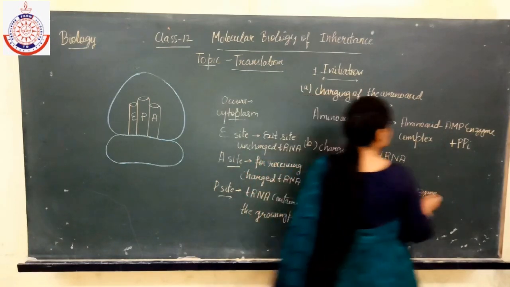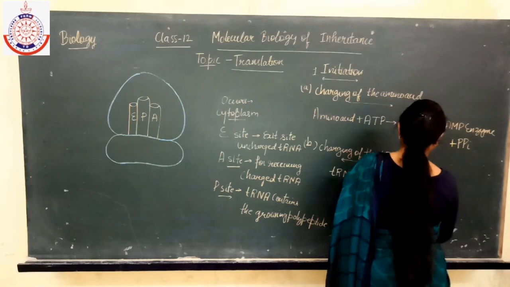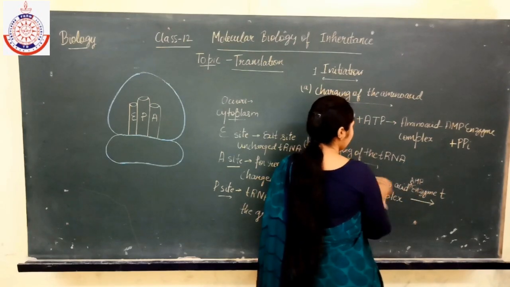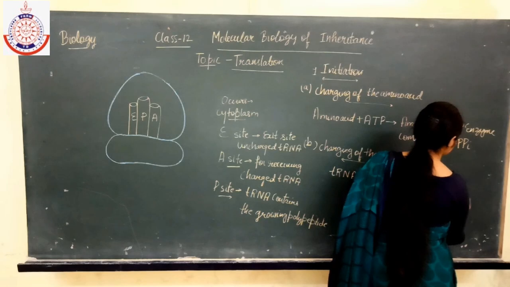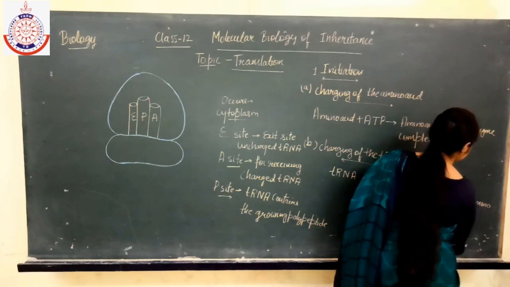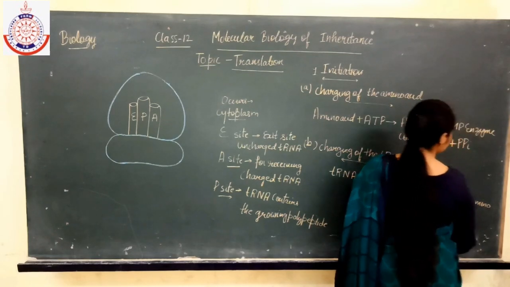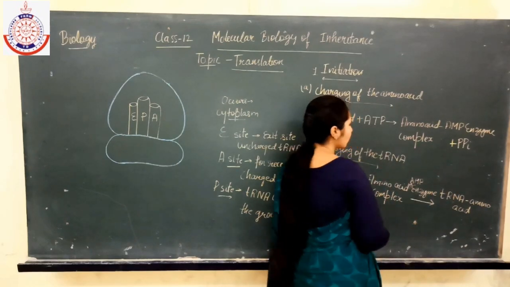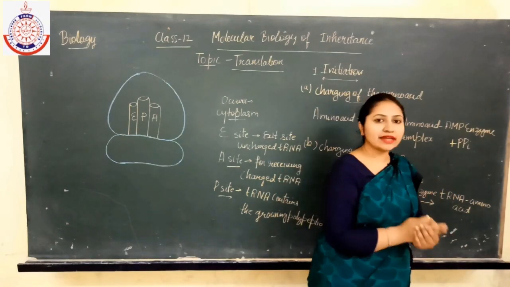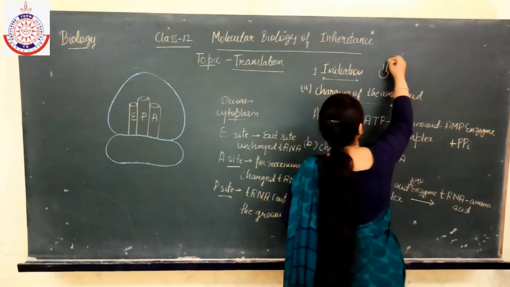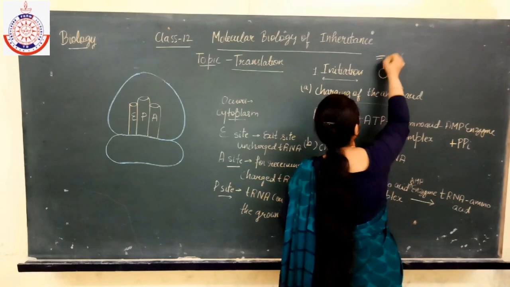Okay, means tRNA, here you have to write the amino acid AMP enzyme complex. So tRNA having the amino acid, this is the charged tRNA now, because it has the amino acid. Whenever the amino acid combines with the tRNA, where does it combine? If you remember this structure, it is like this.